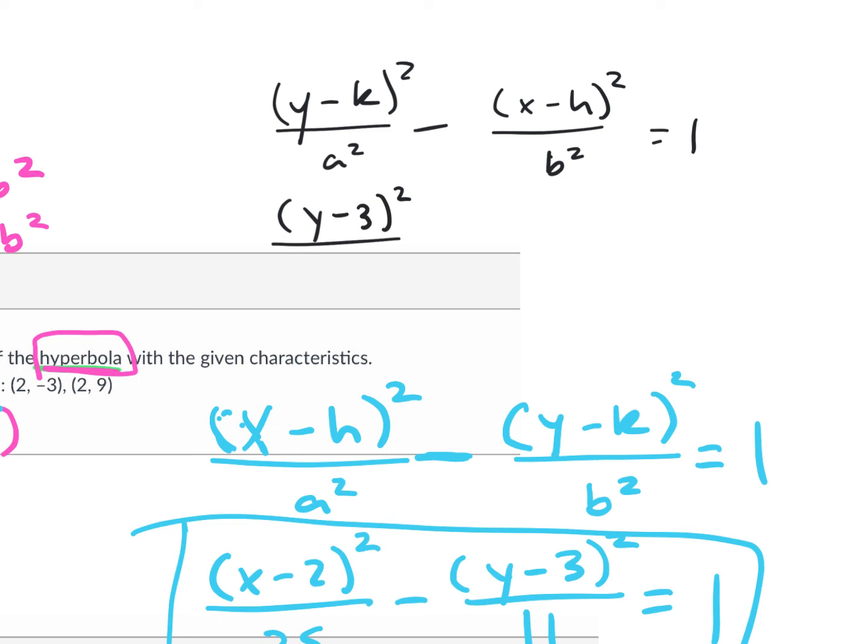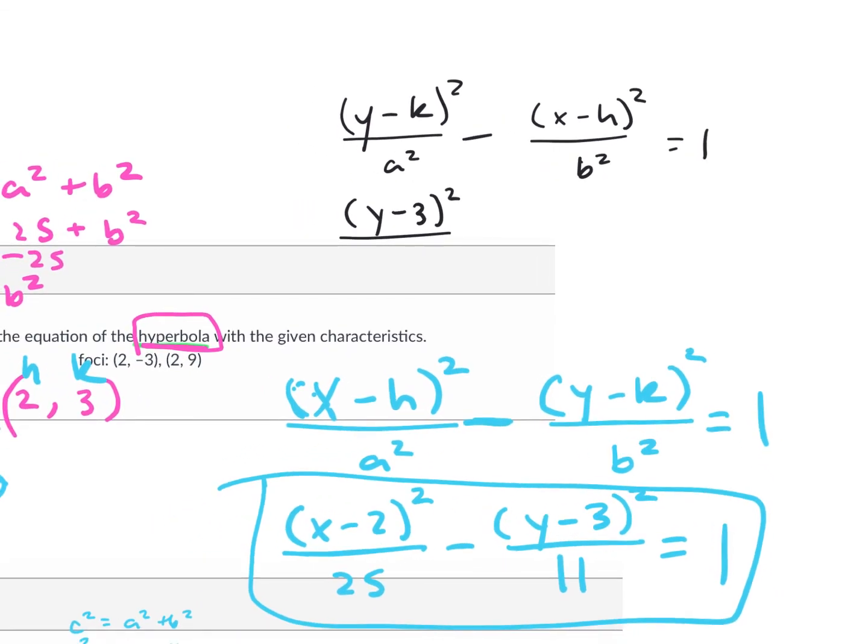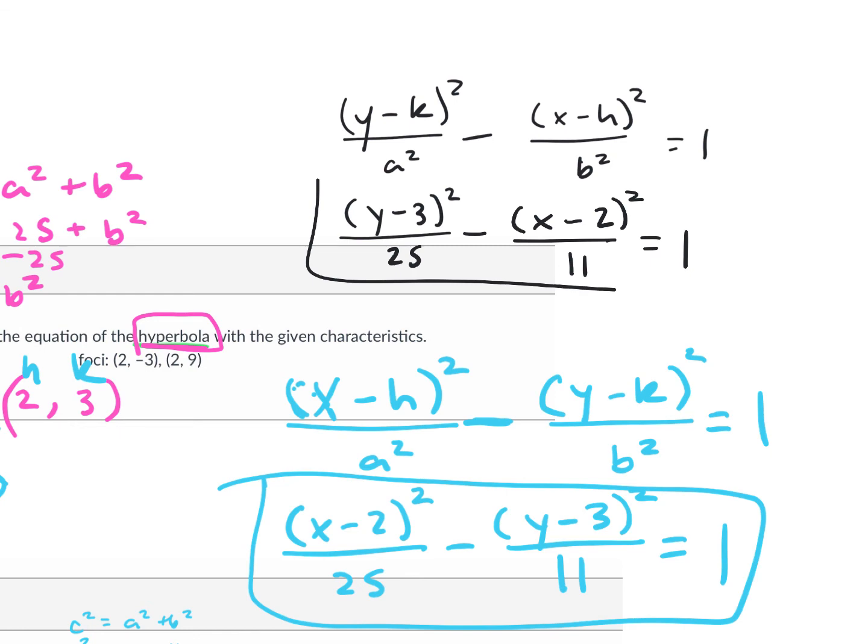Thank you. What's our a? A is 5, so a squared is 25. Minus x minus 2 squared over b, which is square root 11, so b squared would be 11, and that's equal to 1.